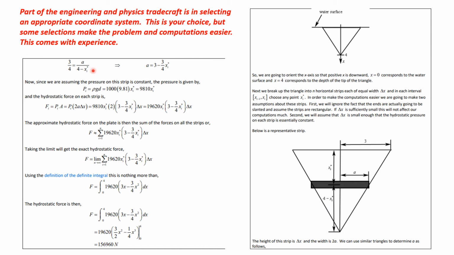I'm writing that over here. So 3 is to 4 as a is to 4 minus x. And I can solve for a. If I do, I get that a is equal to 3 minus 3 over 4 x. You cross multiply and solve for a. Okay, so that is going to be what this is.